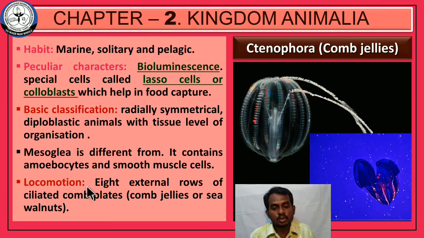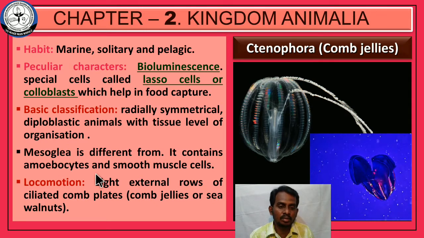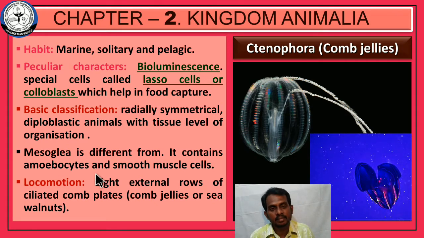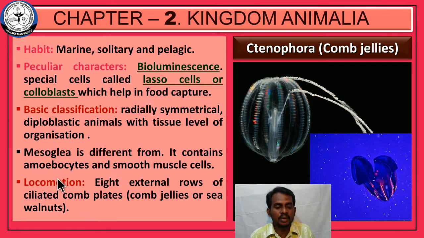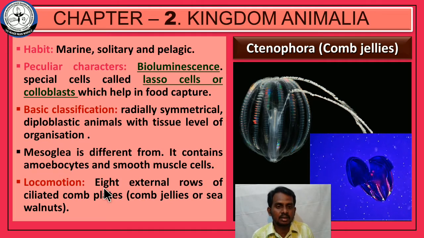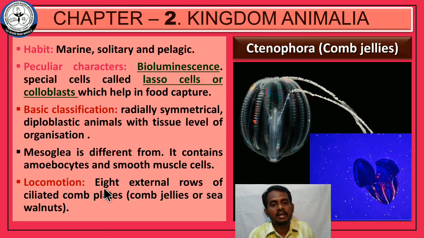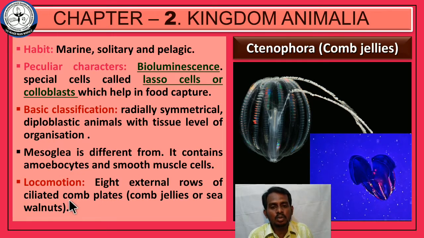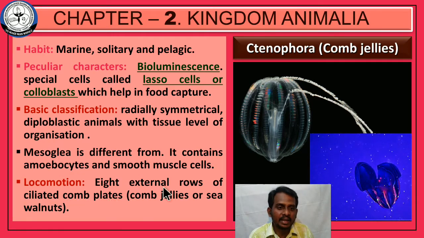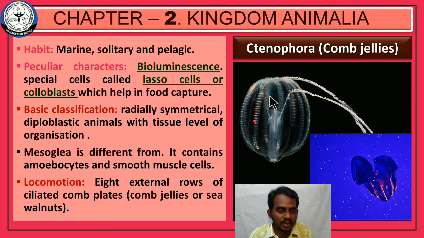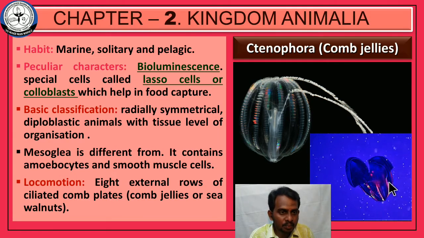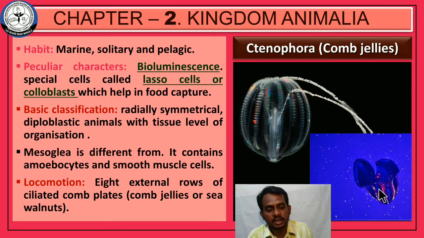Okay, and next one is locomotion. What is the locomotory structure of Ctenophora? The locomotion is aided by the external 8 rows of ciliated comb plates. See the rows of comb plates here, and these comb plates help in locomotion of this animal.